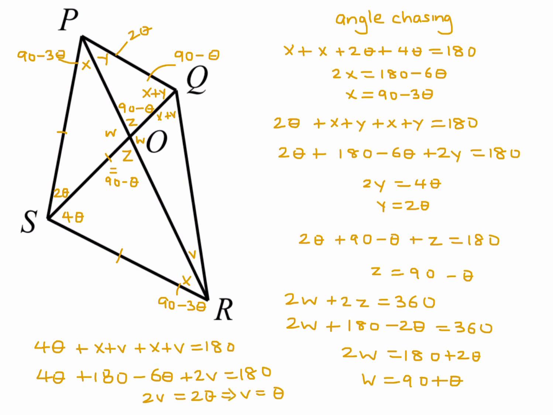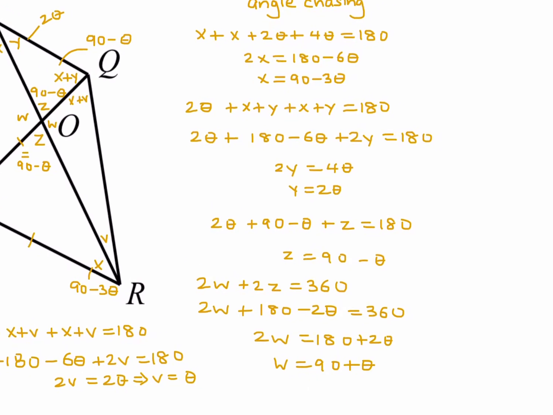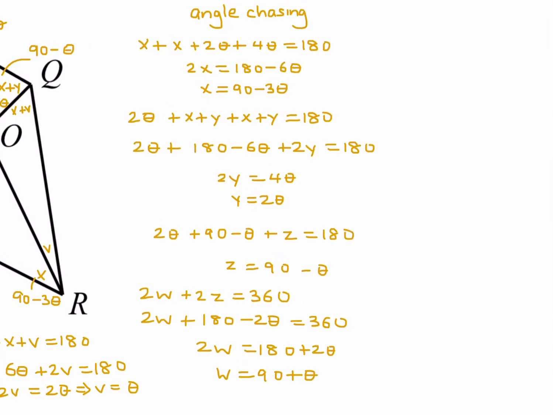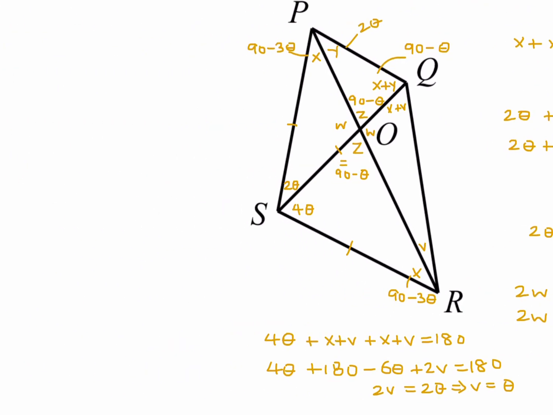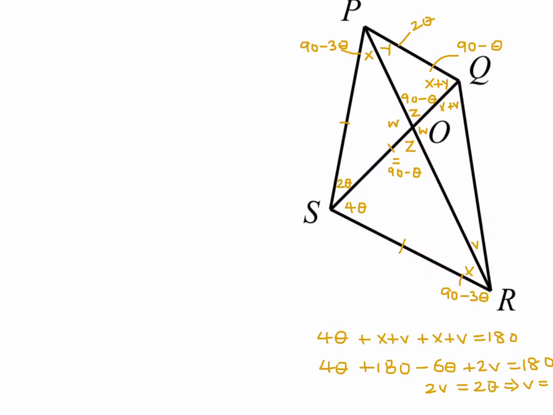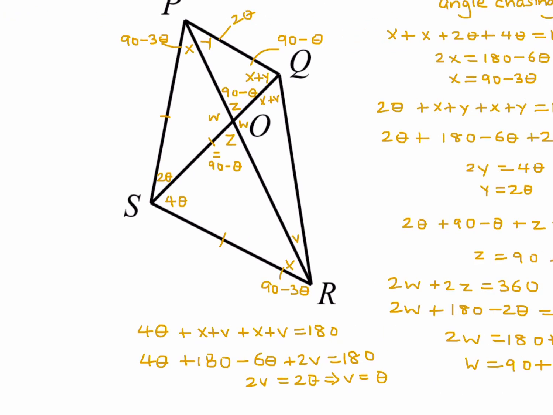So I think I have them all. I have them all, and we'll just make a list now of all my angles. Let's just keep the diagram in the picture here because I've got to use it. Let's see here. In this triangle, I've got 2 theta, 90 minus 3 theta, and W. And what was W?